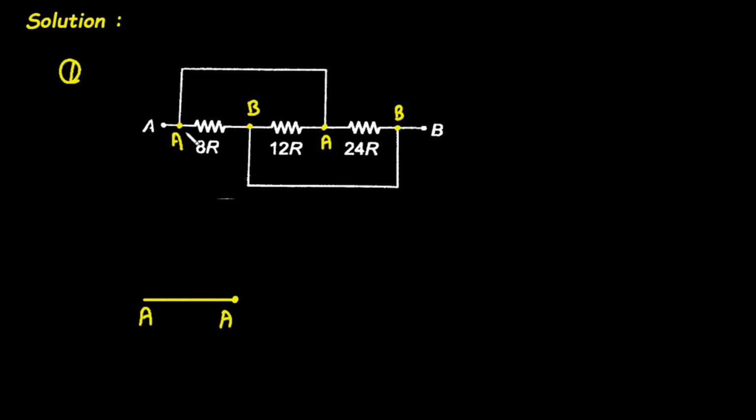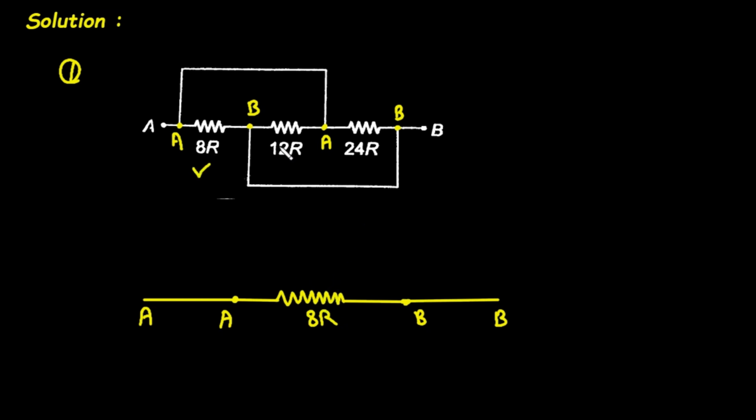So now what we can do? We have to add one resistance between A and B of 8R. So let's add this resistor here of 8R. This is B and this is also B. So this is 8R, this resistance we have added.